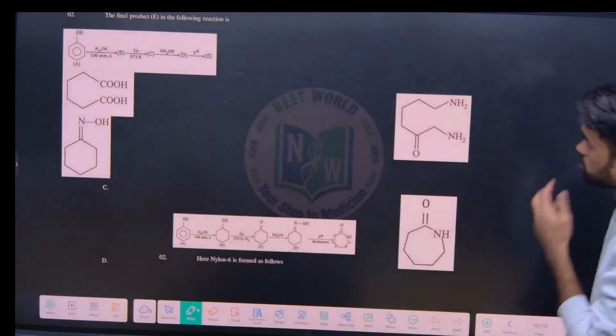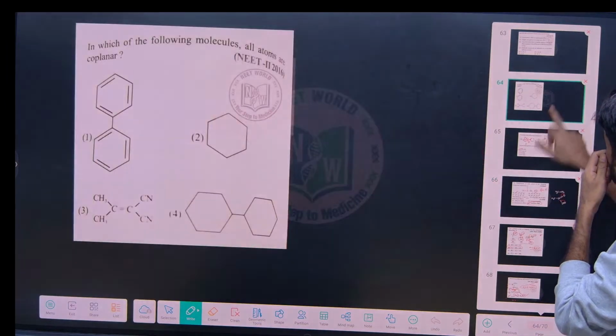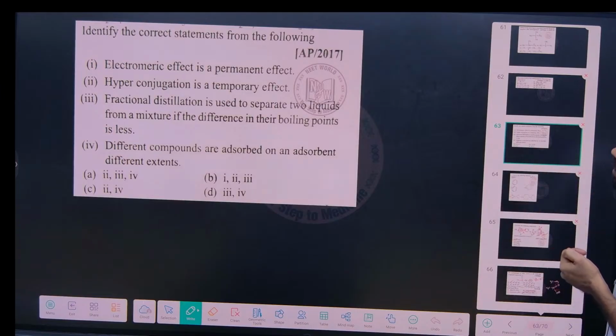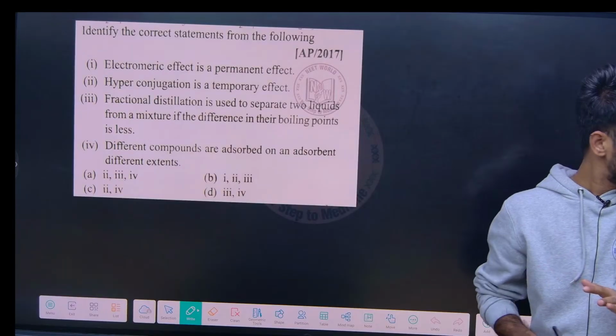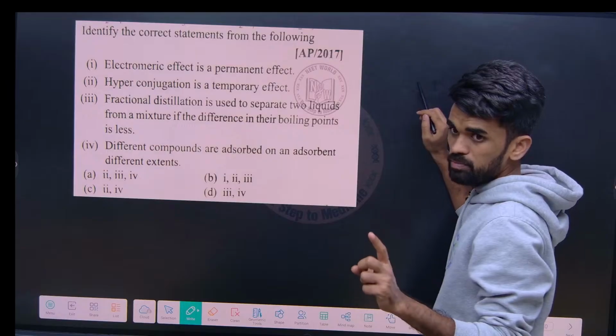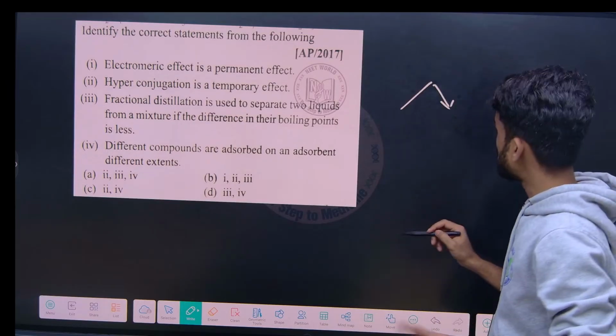Next, this is not the question of discussion here. There are electronic effects of 2 types: temporary effect and permanent effect.